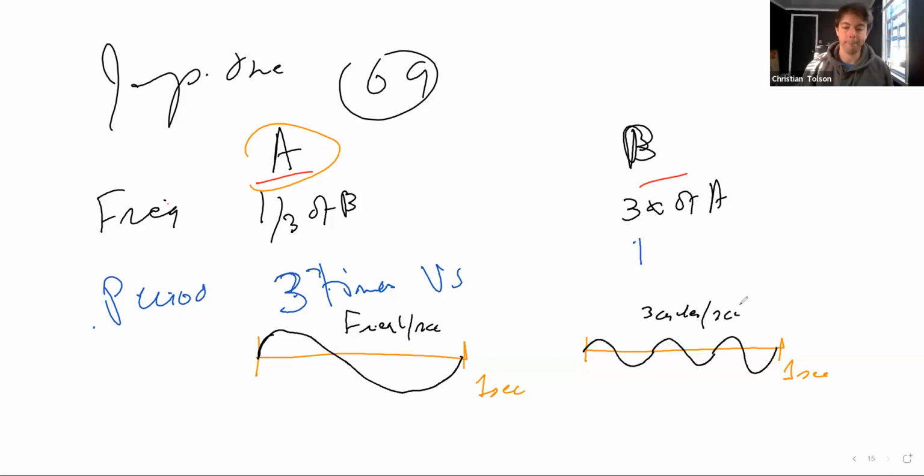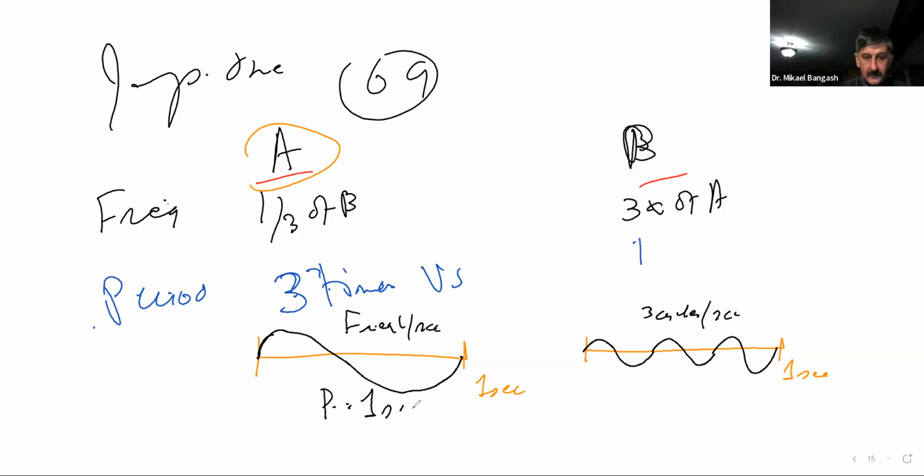Good. What is going to be the period here? The period is going to be 1 second, whereas for B, the period is going to be 1/3 of a second.